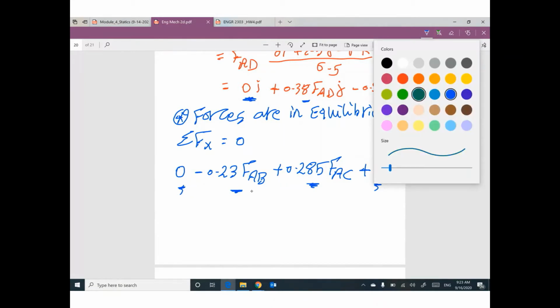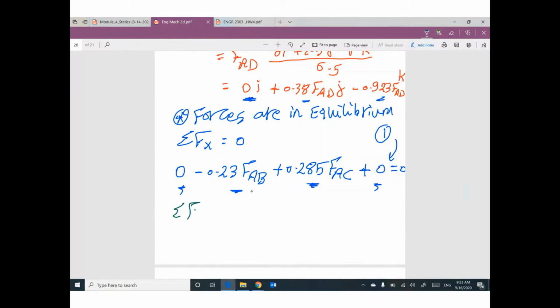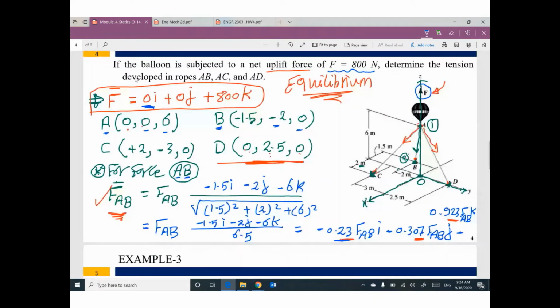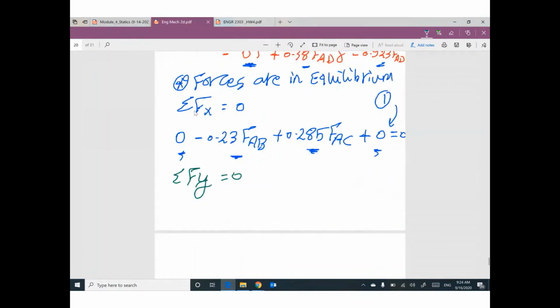Summation of all Y components equals 0. Go back to the first force. Please don't forget any force. Y component 0. Y component here negative 0.307 FAB.